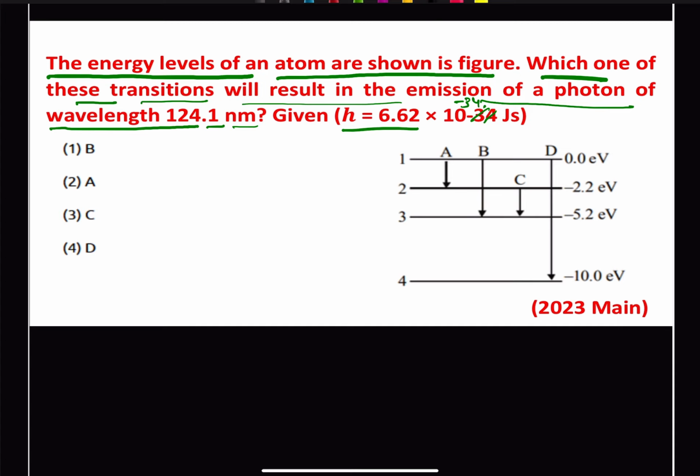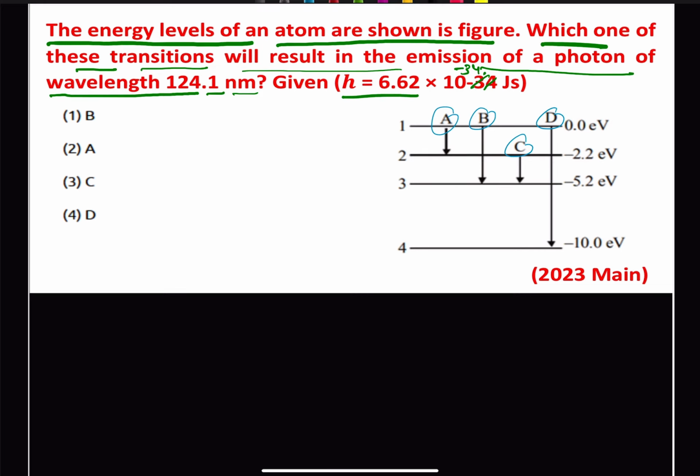When there is a transition between 1 and 2, it is called A, between 1 and 3 it is called B, between 2 and 3 it is called C, and D is between 1 and 4. So we are supposed to find which transition will result in the wavelength of 124.1.